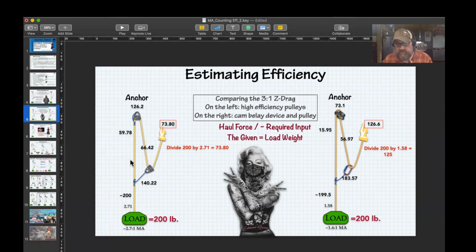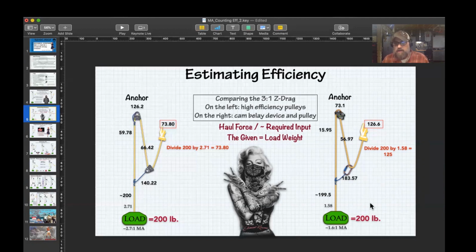As 59.78 comes down, it meets up with our 140.22, which is what 73.8 added to 66.42 equals. So we add that 59.78 to the 140, and we get right around 200 pounds. And so that is what that weight distribution will be based on the efficiency of that exact system, minus any edges or anything. Compare that to the 1.6 that we have over here.